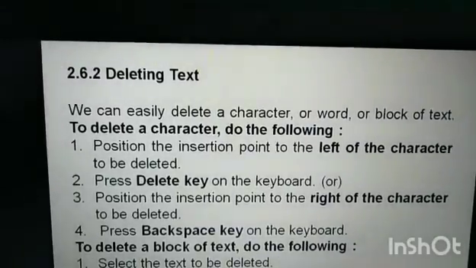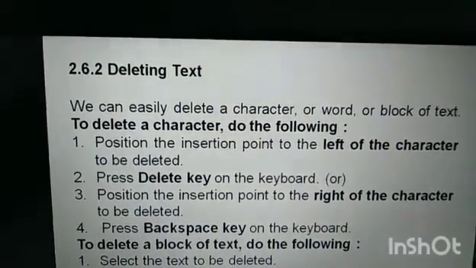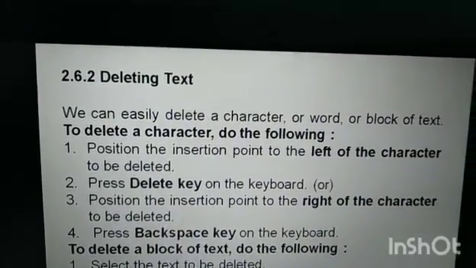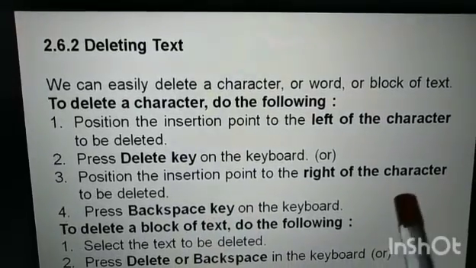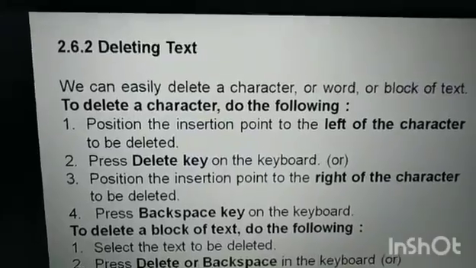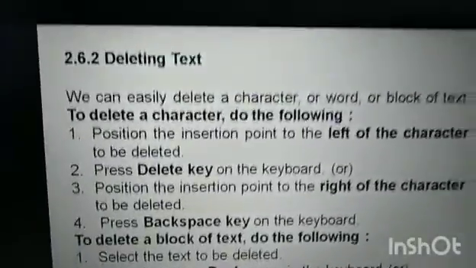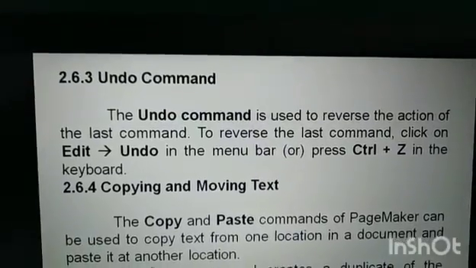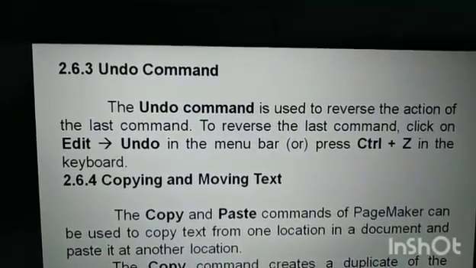To delete the character to the right of the insertion point, you use the Delete key. To delete the character to the left of the insertion point, you use Backspace. Otherwise, use the Edit menu and the Clear command. Undo is the reverse action of the last command.